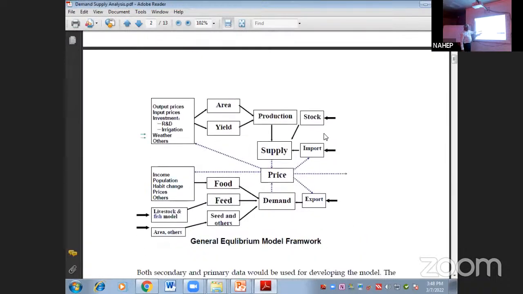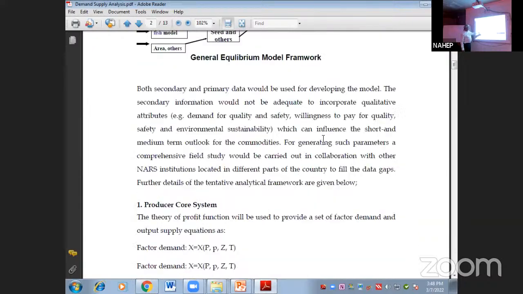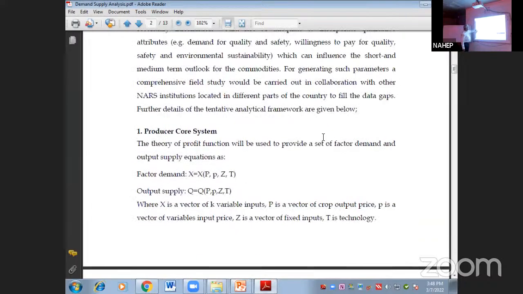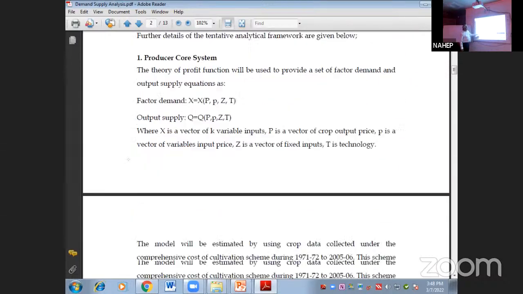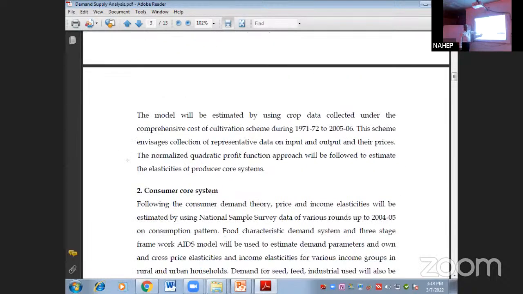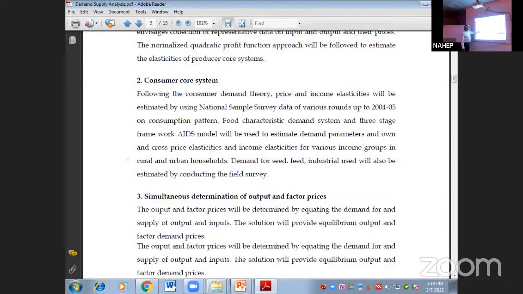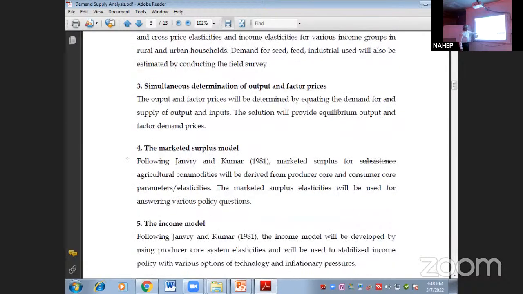If you want to spend less time, everything in this is the output supply equation, factor demand, and producer system. This will help you to understand what is the producer system. Then you have the demand system, consumer system. Right? Once you go to consumer system, you just see the market surplus model.